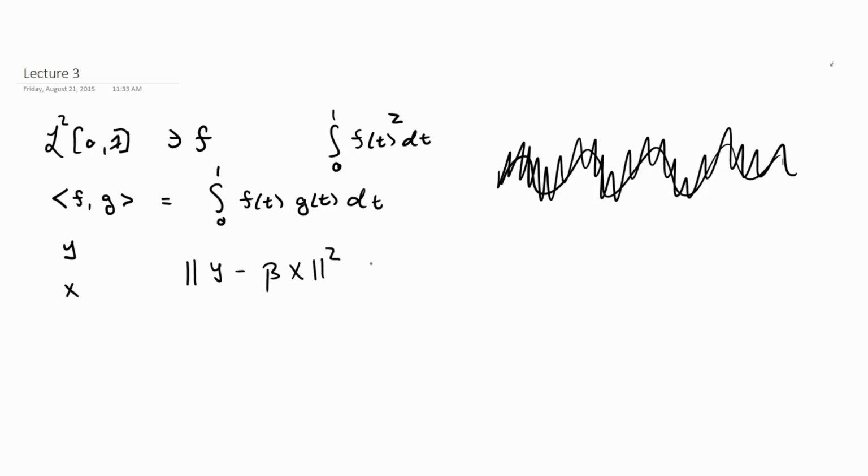In this case, it's not dealing with vectors. This is the integral from 0 to 1 of (y(t) minus beta times x(t)) squared dt.